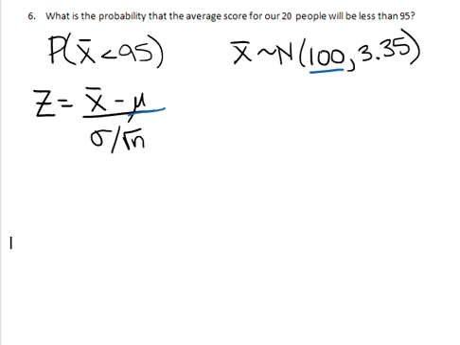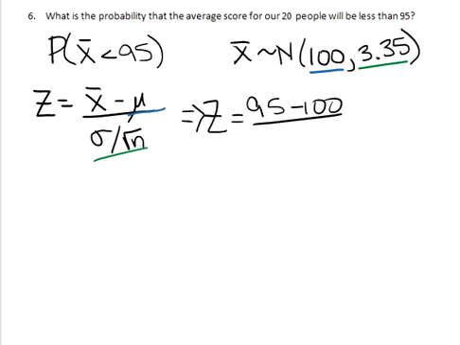And sigma over the square root of n we've already calculated as well. That's 3.35. We can plug that into our equation as well. So z will be equal to 95 minus 100 over 3.35.